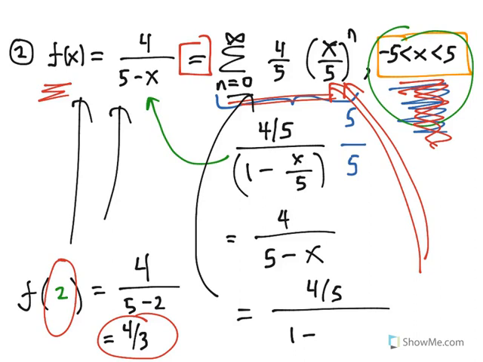And if x is 2, the common ratio would be 2/5, and you would have 4/5 divided by 1 minus 2/5 is 3/5, and when you do the division here, you will get 4/3. So that's what it means to say that our function is represented exactly by this infinite geometric power series for these values of x. And as I showed you with my graph, if you consider partial sums of your geometric power series, then you would have approximate representations. But the infinite sum would be the exact representation for the function.